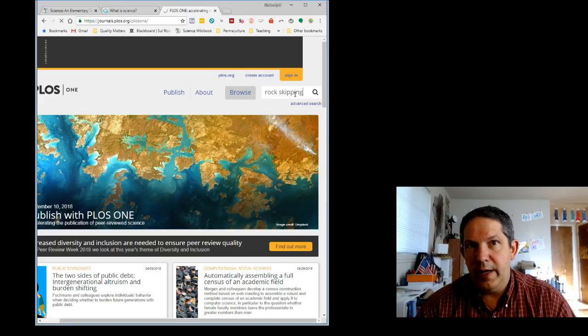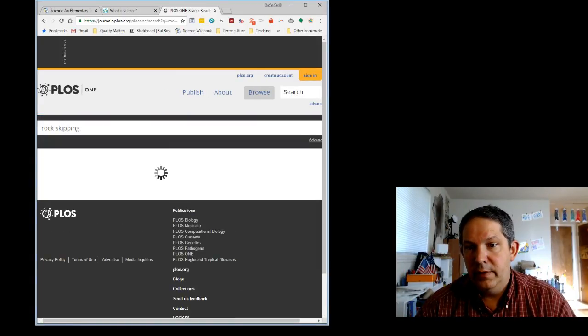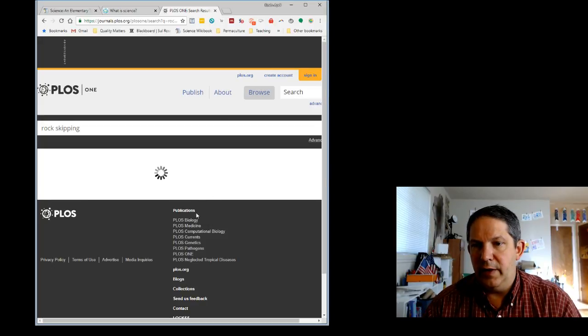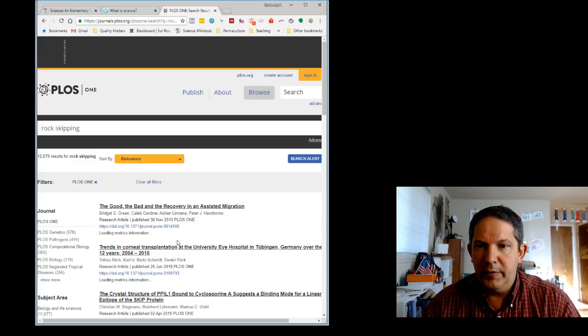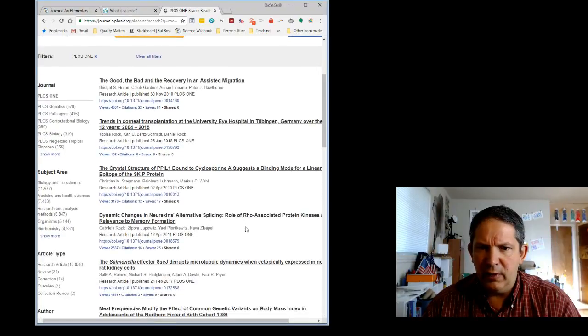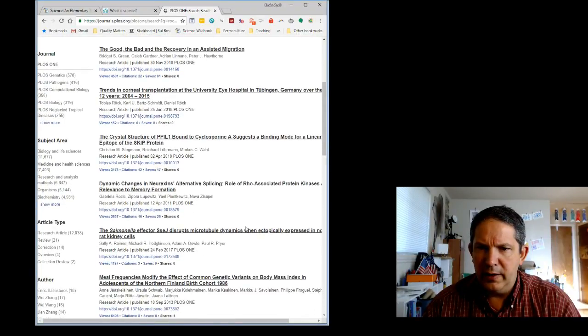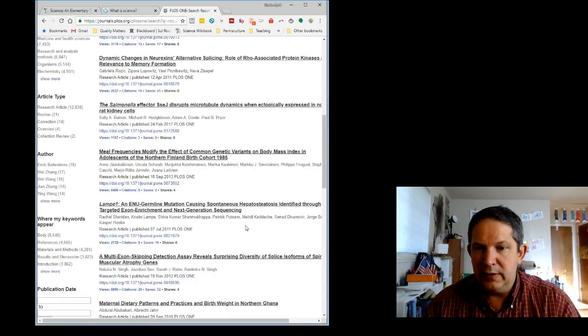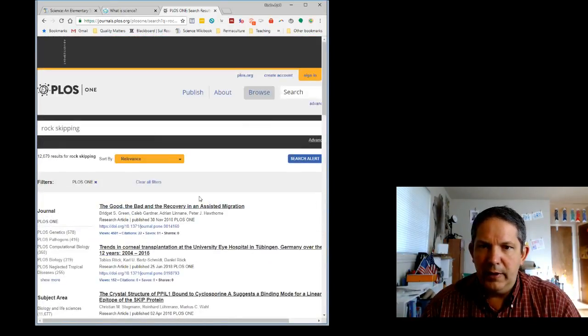But PLOS ONE hasn't been around for very long, and you can see that it's divided: biology, medicine, computational biology, the good, the bad, the recovery, and assisted migration, trends in corneal transplantation. I don't know how they're getting rock skipping out of these things, but the word rock and skipping must be in these things.